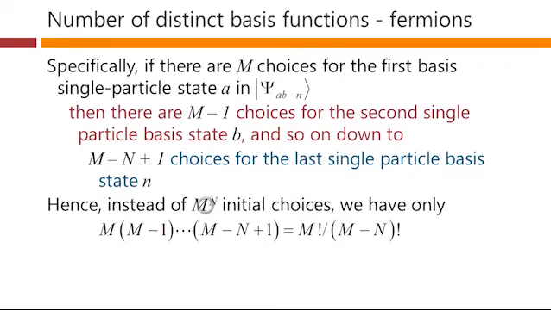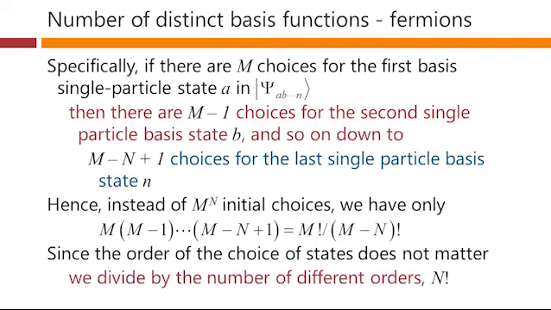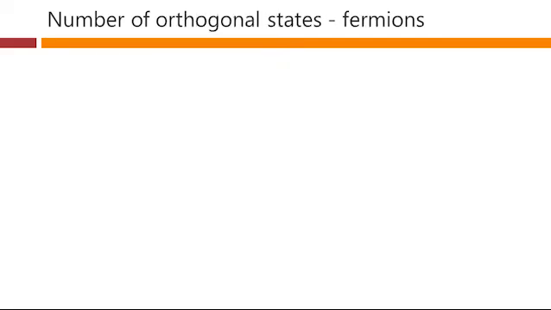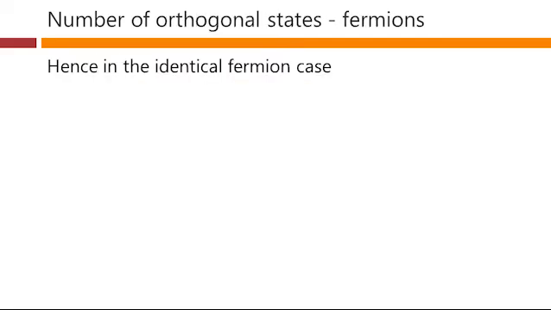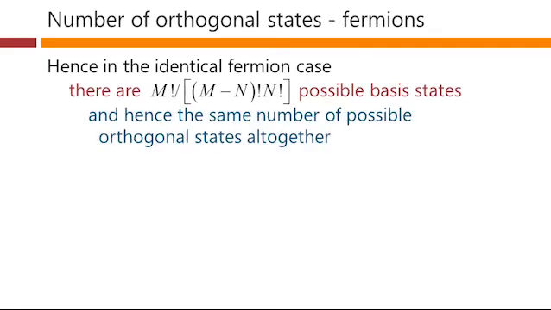Hence, instead of m to the n initial choices, we have only this number of initial choices. And the order of the choice of the states does not matter here because the particles are identical. And so we divide by the number of the different orders we have. We divide by n factorial. Hence, in the identical fermion case, there are m factorial over (m minus n) factorial possible basis states.